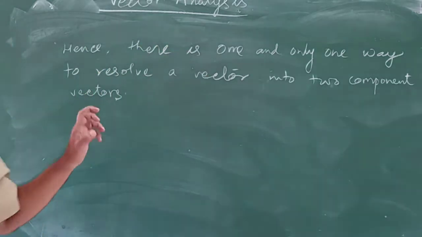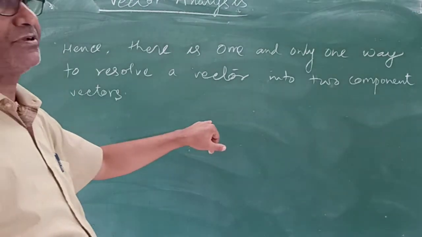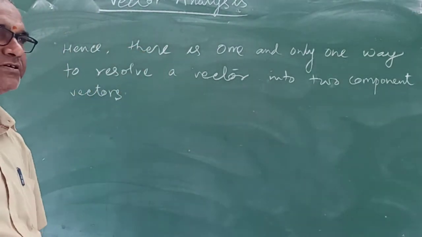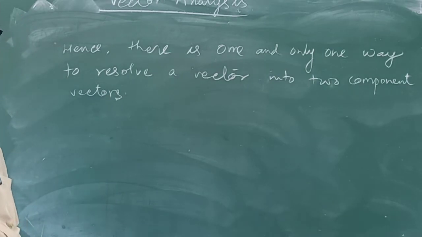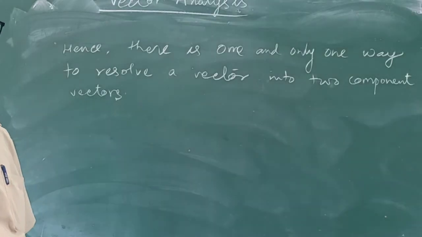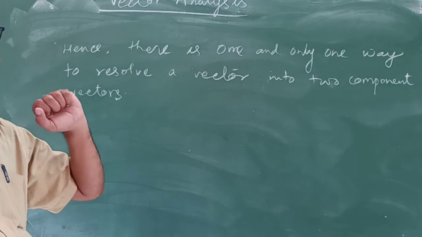Question number 1. Now we change vector small a multiplied by m dash and vector b multiplied by n dash. Therefore, vector A is equal to m dash times a plus n dash times b. From equation 1 and 2, left hand side are equal, so right hand side also equal.